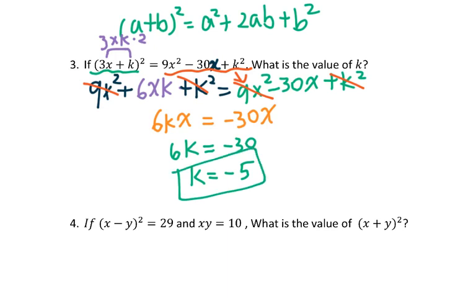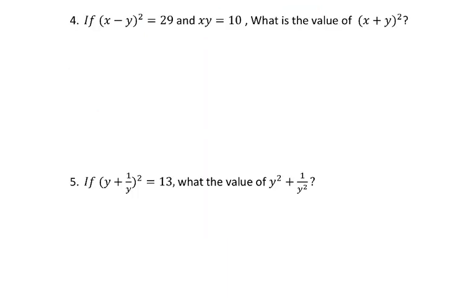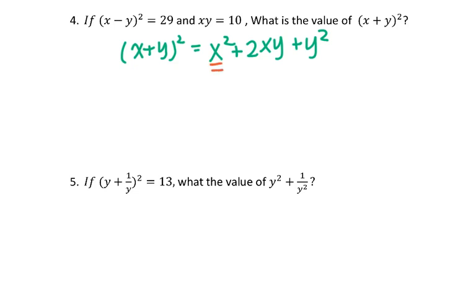That's the answer. For number 4, if (x minus y) squared equals 29 and xy equals 10, what's the value of (x plus y) squared? First of all, (x plus y) squared gives x squared plus 2xy plus y squared. So you need to figure out x squared plus y squared.